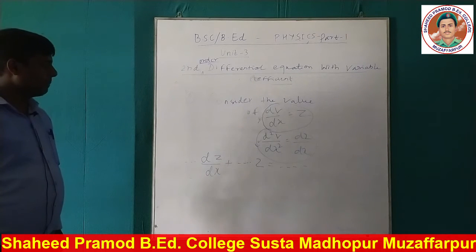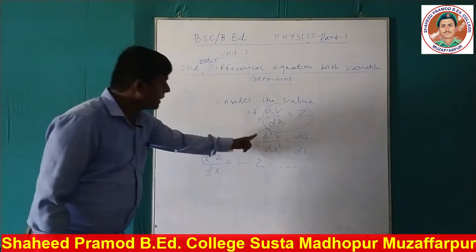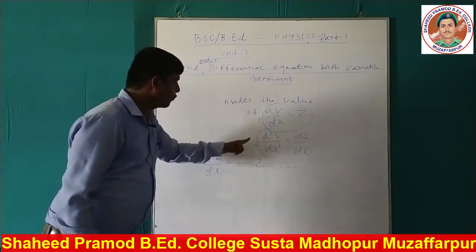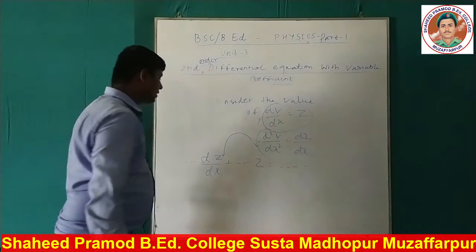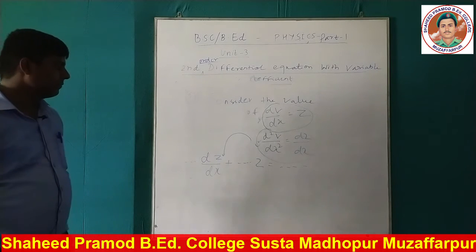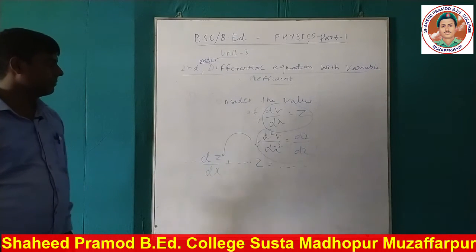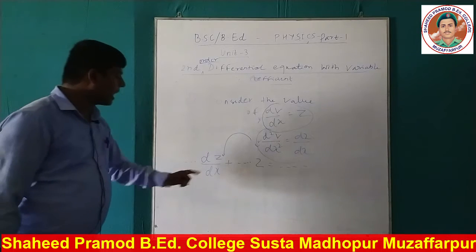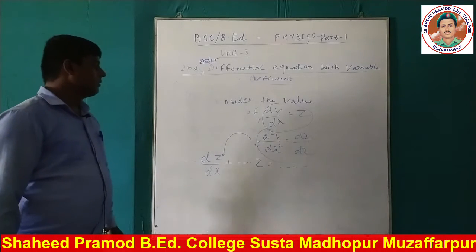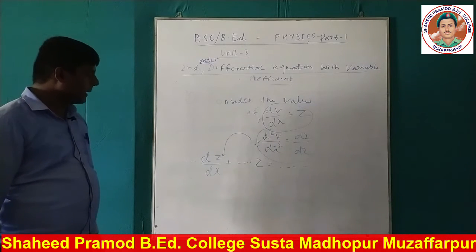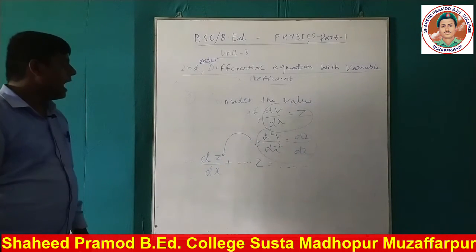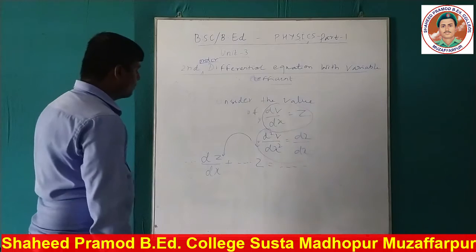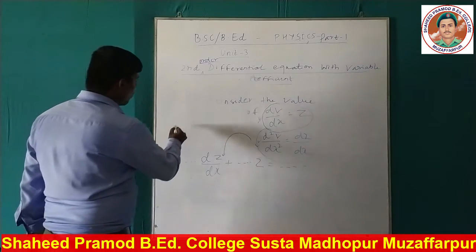So now what will happen? The second order differential equation will convert into a linear equation with variable coefficient. Now you have to apply the differentiation concepts to solve the linear differential equation, and you have to calculate the value of z.